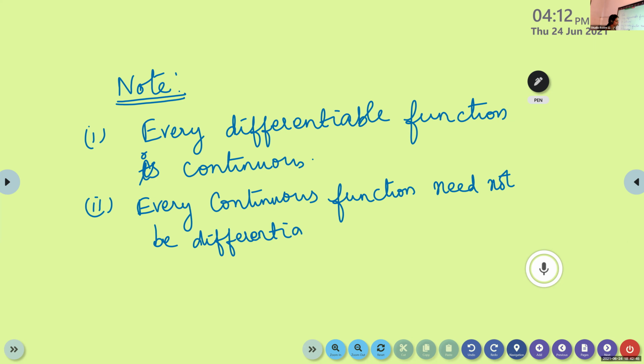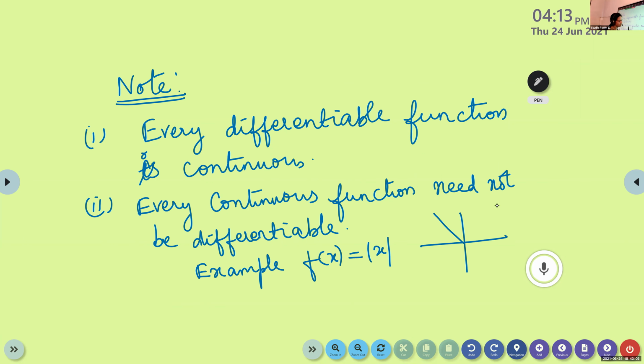Every continuous function need not be differentiable. For example, we can take mod x. For example, f of x is equal to mod x. We know the graph of modulus of x is like this.